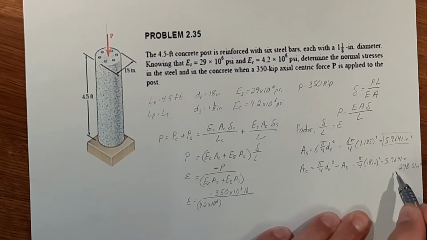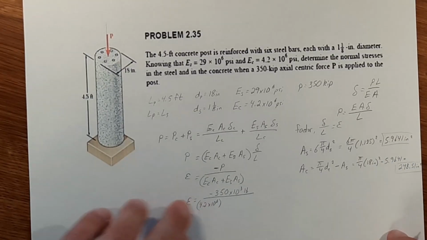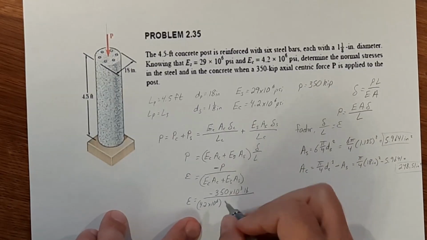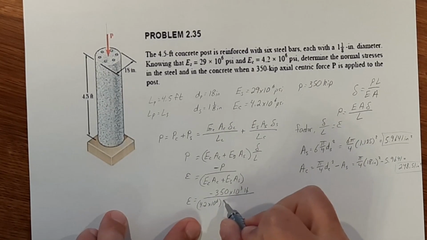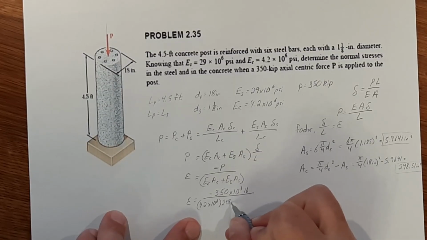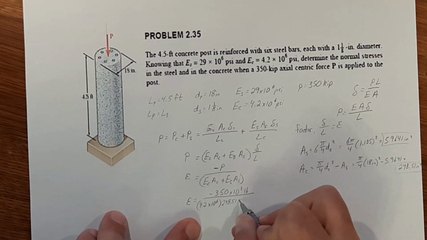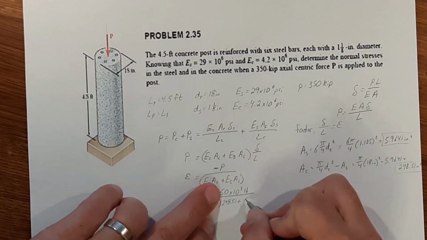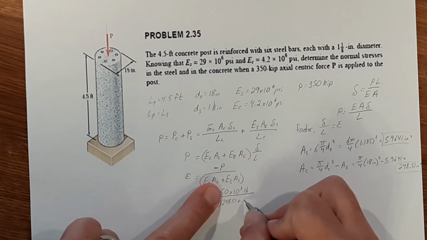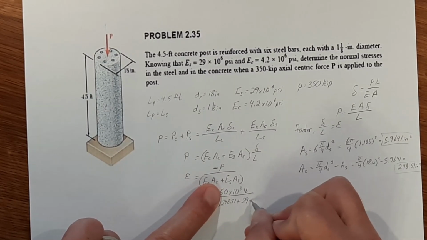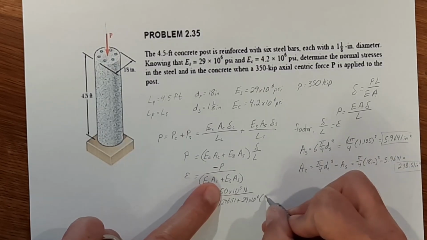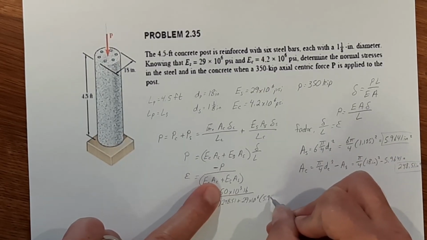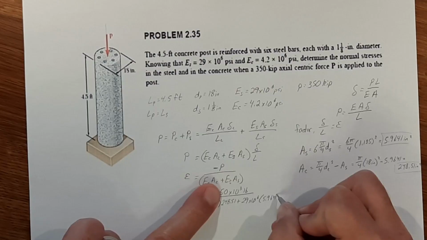Now we put our two areas in: 248.51 plus the modulus of elasticity of steel, 29 times 10 to the 6, times the area of the steel, 5.9641.